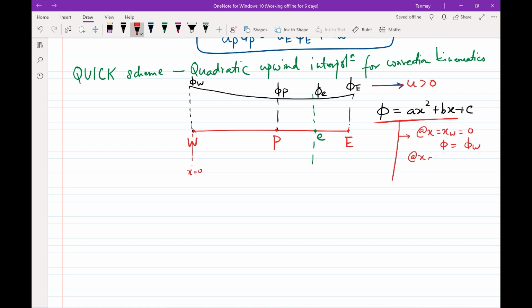At x equals xp, or small h, which is the grid spacing, we have phi equals phi p, and at x equals xe, or 2h, we have phi equals phi e.